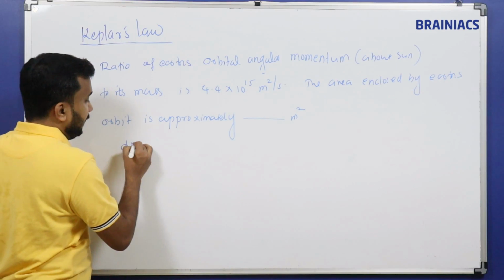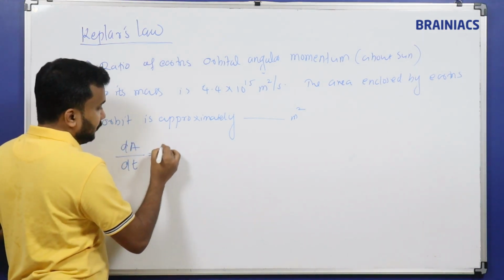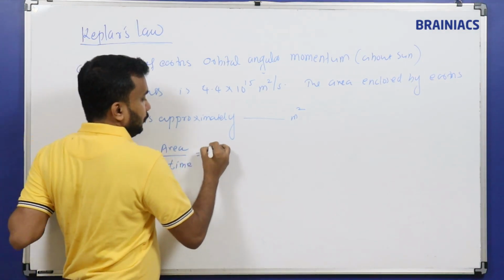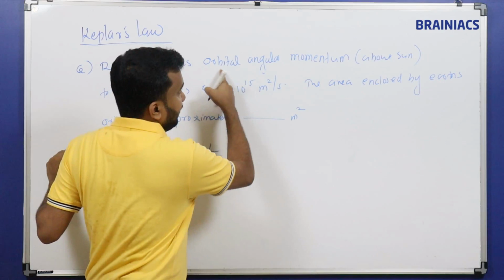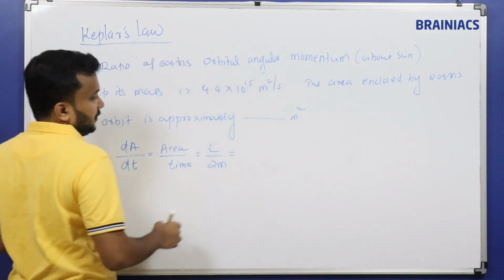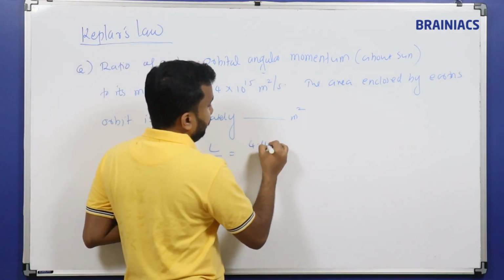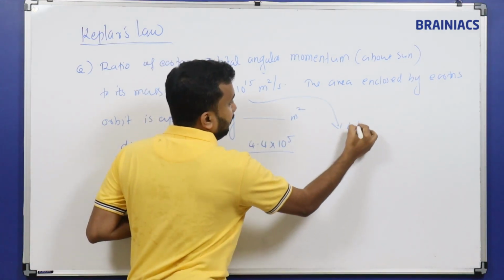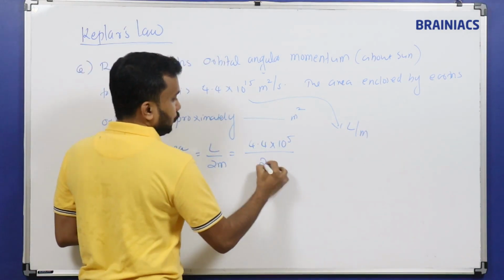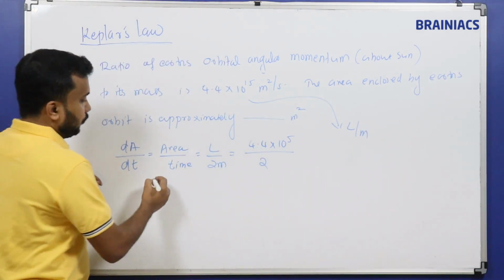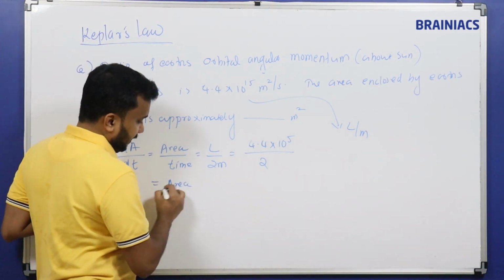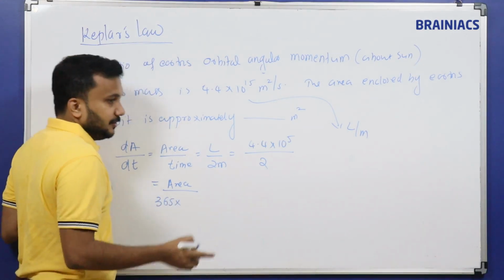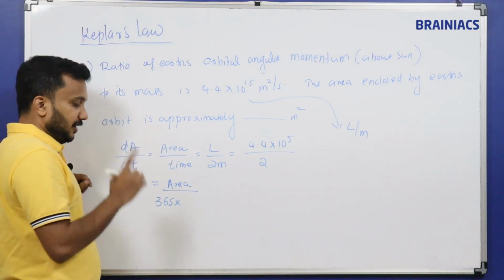We know dA by dt, which means simply I can say area difference divided by time is equal to L by 2m. But L by 2m is given, angular momentum to its mass ratio is given. So 4.4 into 10 power 15 is L by m. But here we have 2m, so we have 2. Okay, so what is the time here? Time is in terms of seconds, we have to say. So 365 days totally for the Earth with respect to the planet. 1 year is taken.